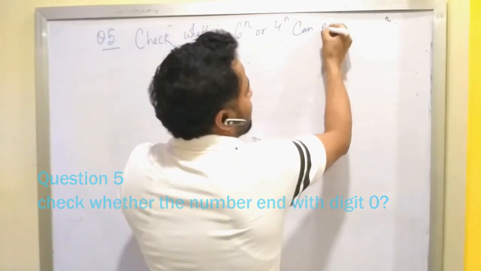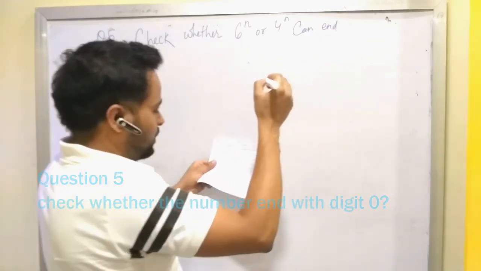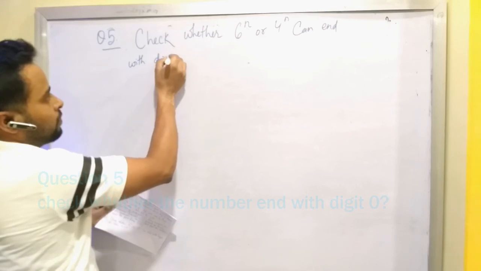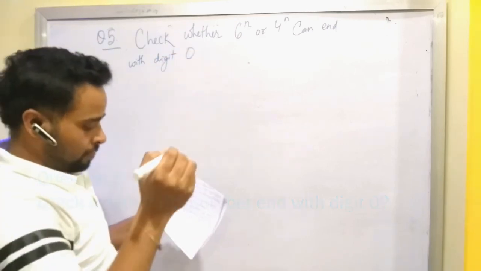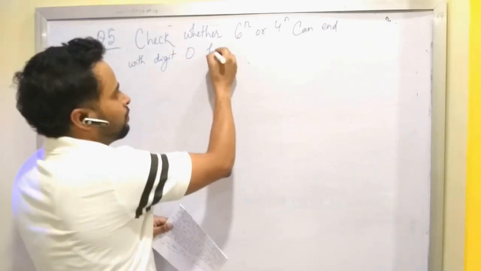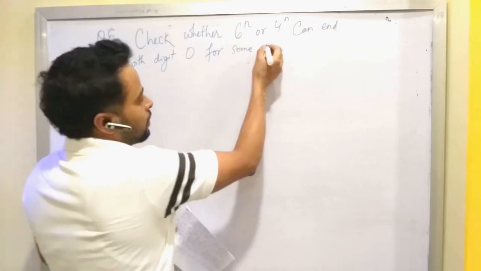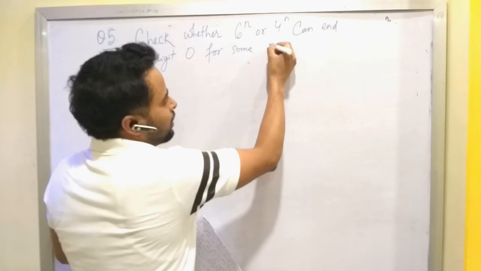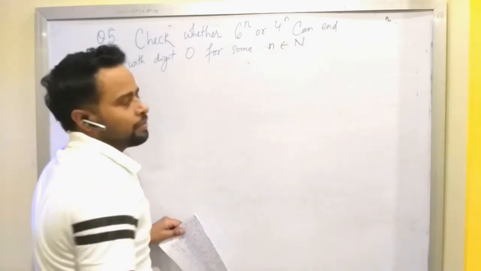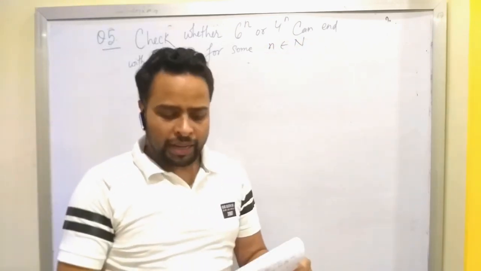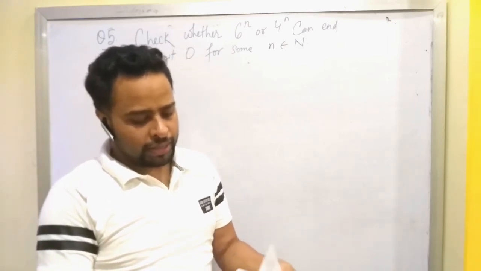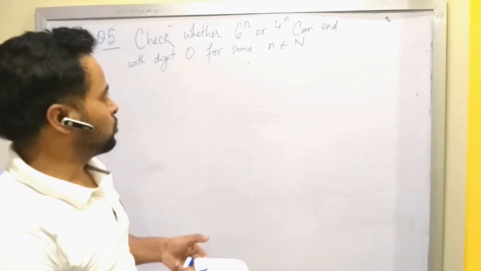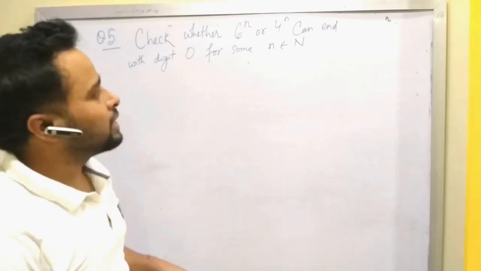Let us take n as natural numbers only. Now you know there is a theorem also.